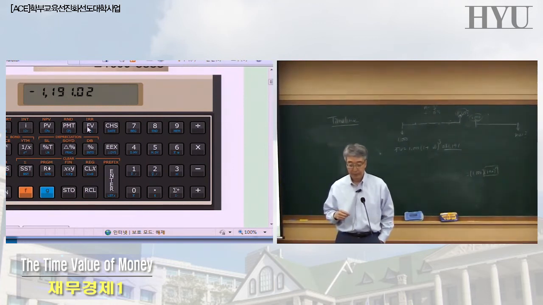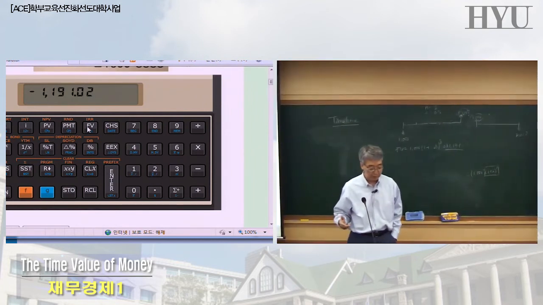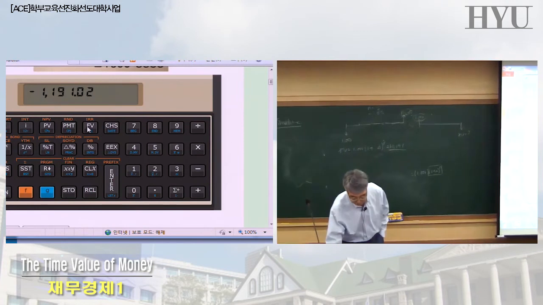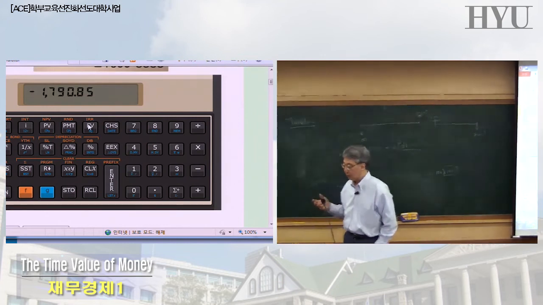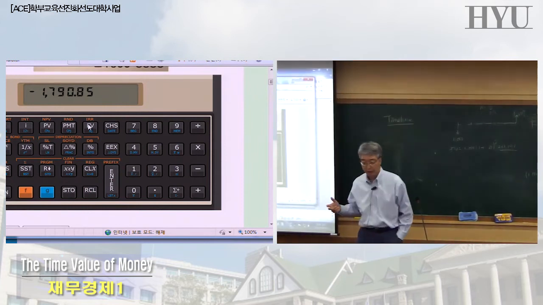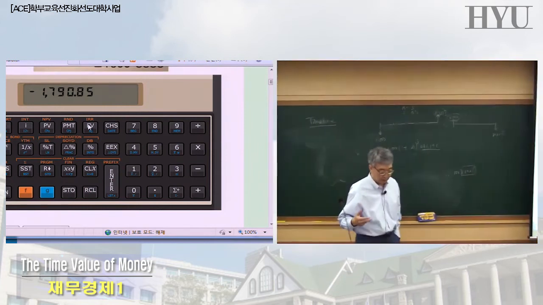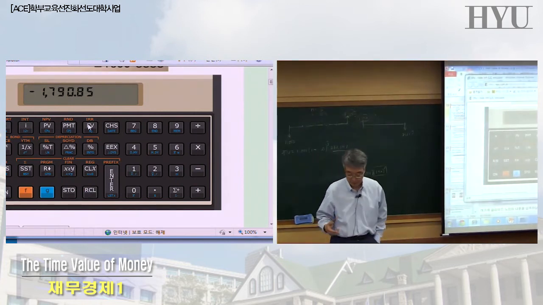So, for example, if you want to do the next question, what about 10 years instead of 3 years? All you need to do is say 10 and N. You just change the number of periods and then click FV. That's it. Because the calculator remembers all other parameters like the interest rate and the present value, it just recalculates the answer using 10 periods.